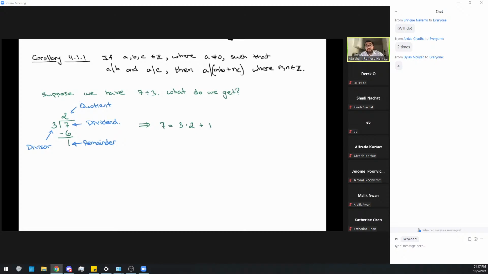This is a true statement: 3 times 2 is 6, plus 1 gives me 7. So I can rewrite the division in terms of this. Does everyone see that? Any questions? Okay. So 7 is equal to 3 times 2 plus 1.